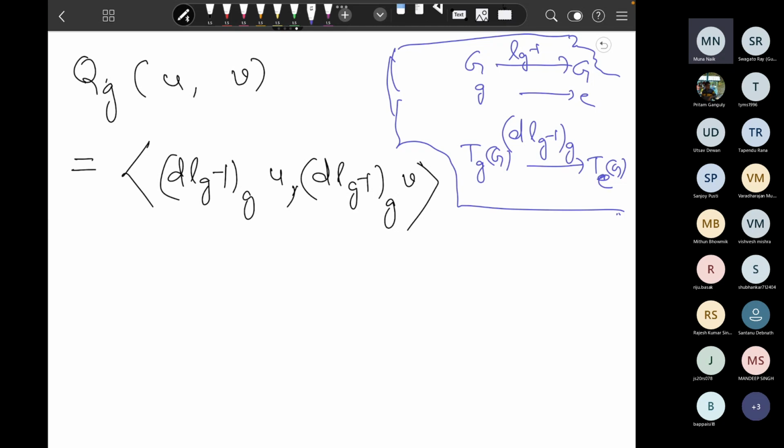Since this DLG inverse G belongs to TEG, this is well defined.